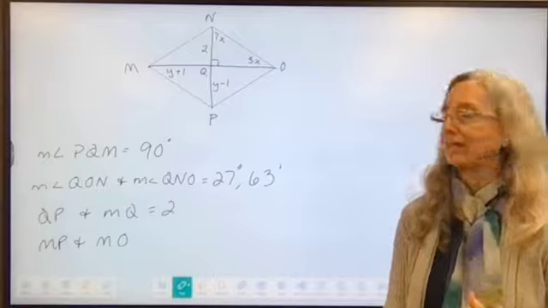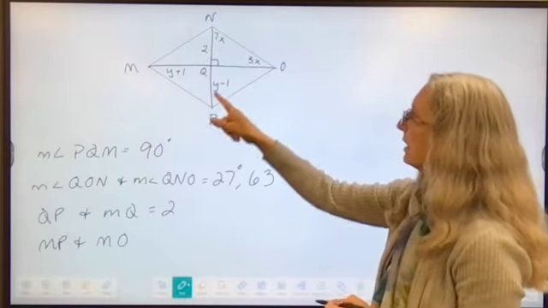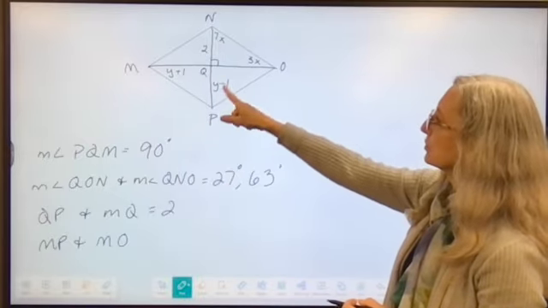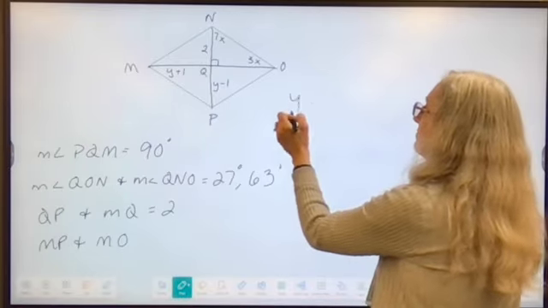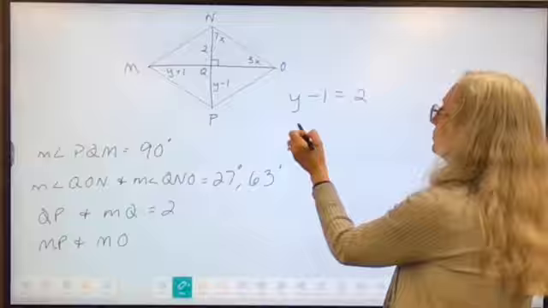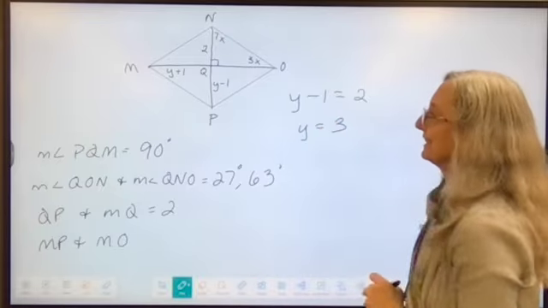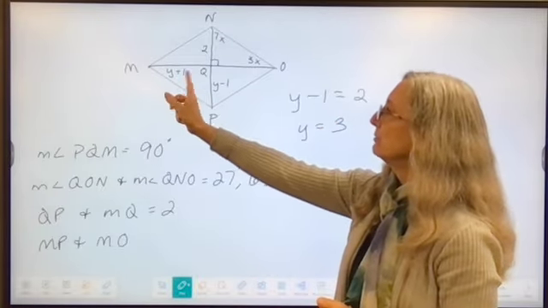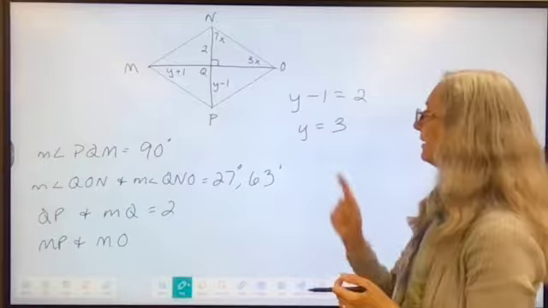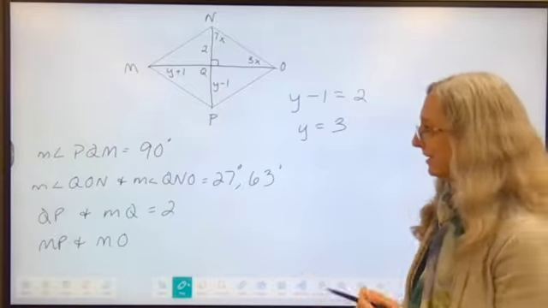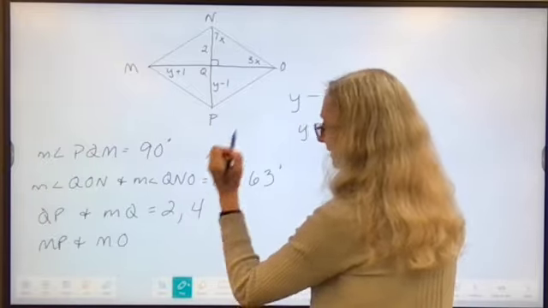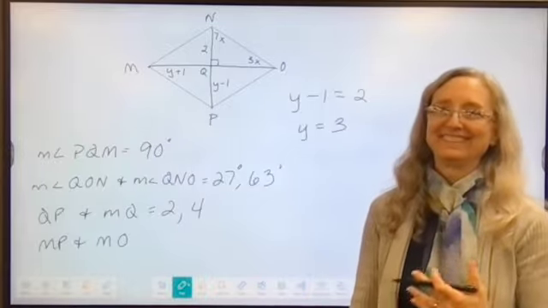Now, how do we find MQ? Well, PQ is y minus 1. y minus 1 is equal to 2. That means y equals 3. And since MQ is y plus 1 and y is 3, then MQ would have to be 4.